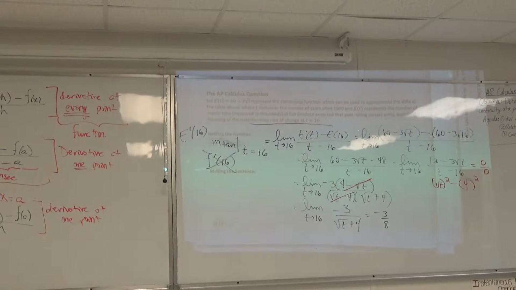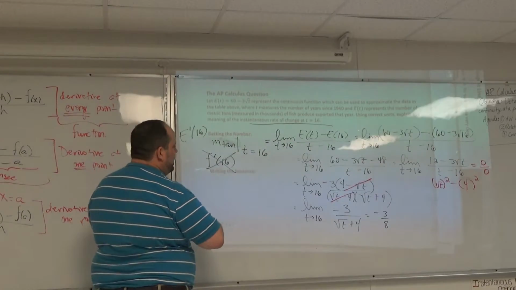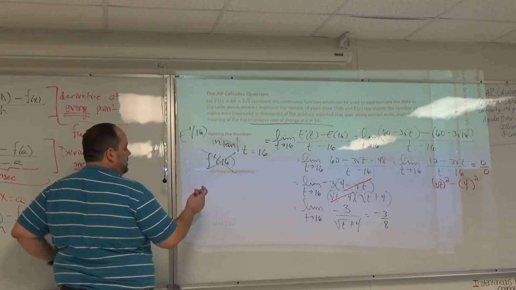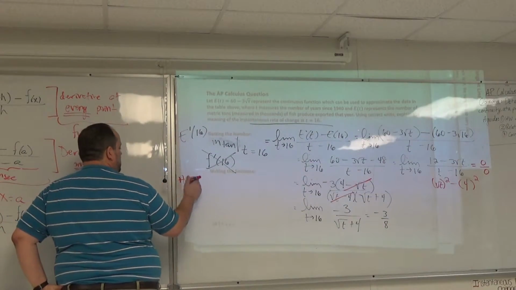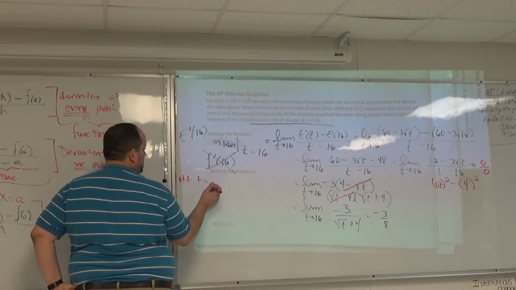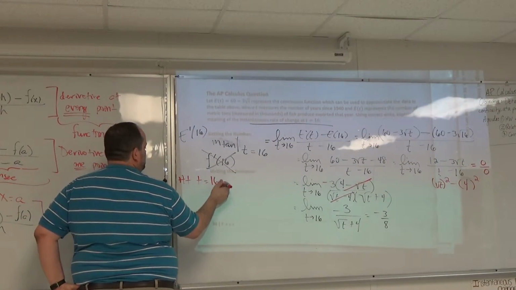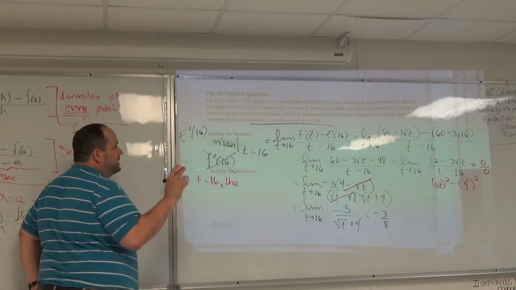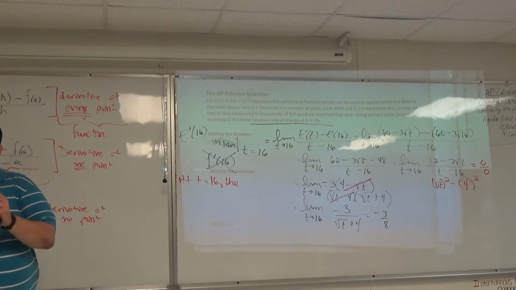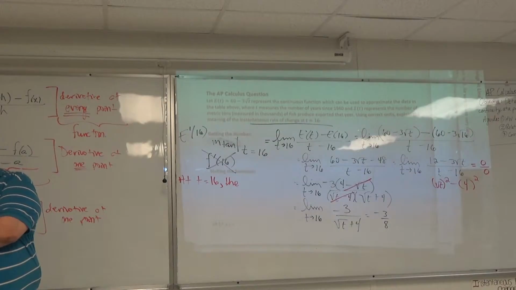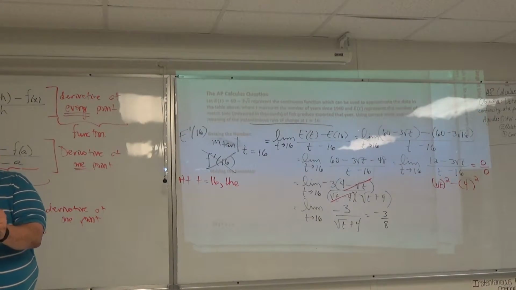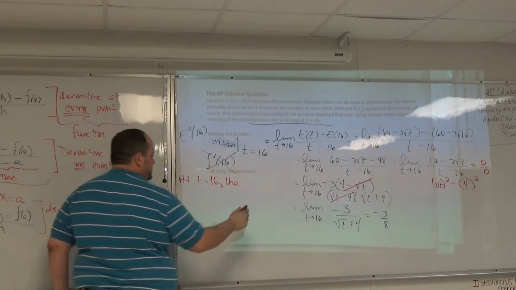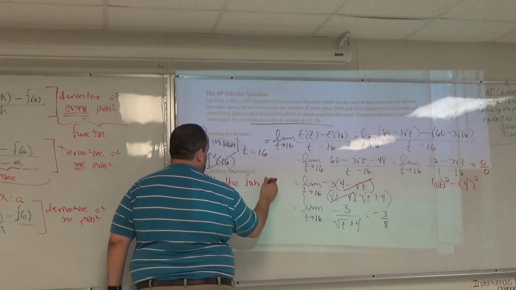All right, I don't think you finished the sentence yet, but that's okay. Get me started on the sentence. At t equals 16, tell me about the function. Metric tons are the units. What is it that we're measuring? The fish export.